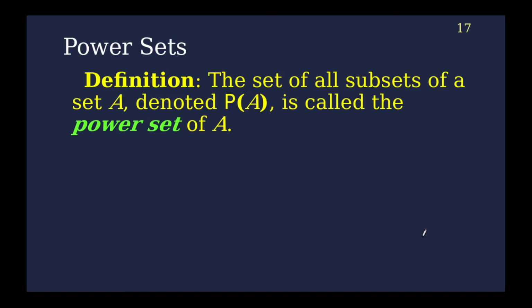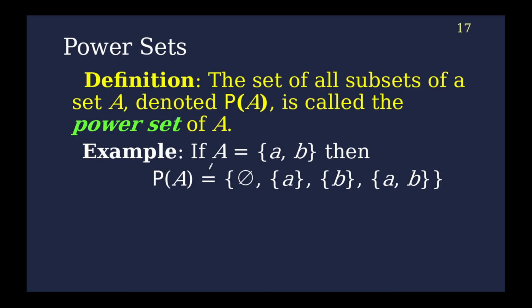Next is the power set. The power set is the set of all subsets of the set A, denoted by P of A. The set of all subsets of A, denoted by P(A), is called the power set of A. For example, say A contains 2 elements, A equals {a, b}.